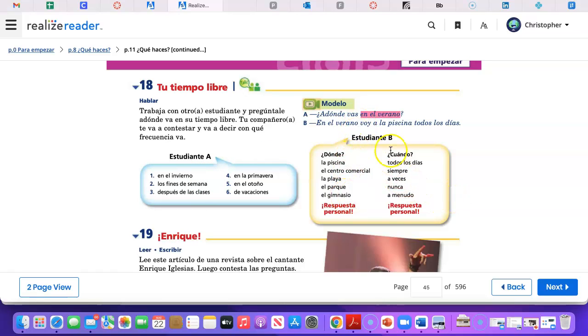Again, the adverb of frequency can go at the beginning or at the end, and then you can pick a different spot. You're certainly not limited to these locations. Al restaurante, al cine, a San Francisco, a la casa de mis abuelos. I mean, wherever, right? And then you guys have the adverbs of frequency there that we went over earlier today.